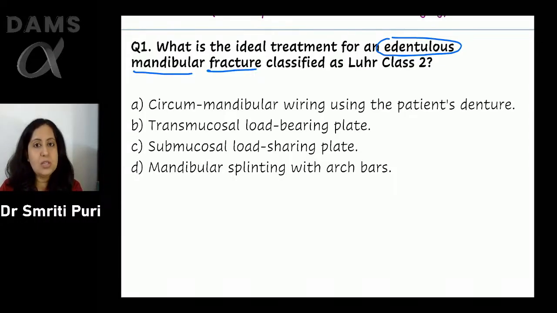If you know Lure's classification, well and good. If you do not, you have to answer on the basis of your knowledge of an atrophic mandible. What is Lure's classification? I'll tell you in the subsequent slides. Now, let's look at each of the options one by one. A is circummandibular wiring using the patient's denture.